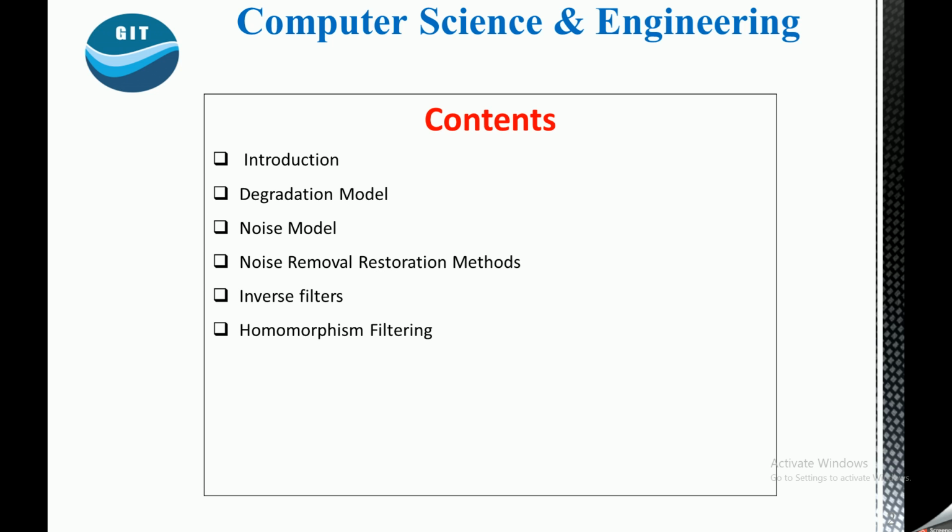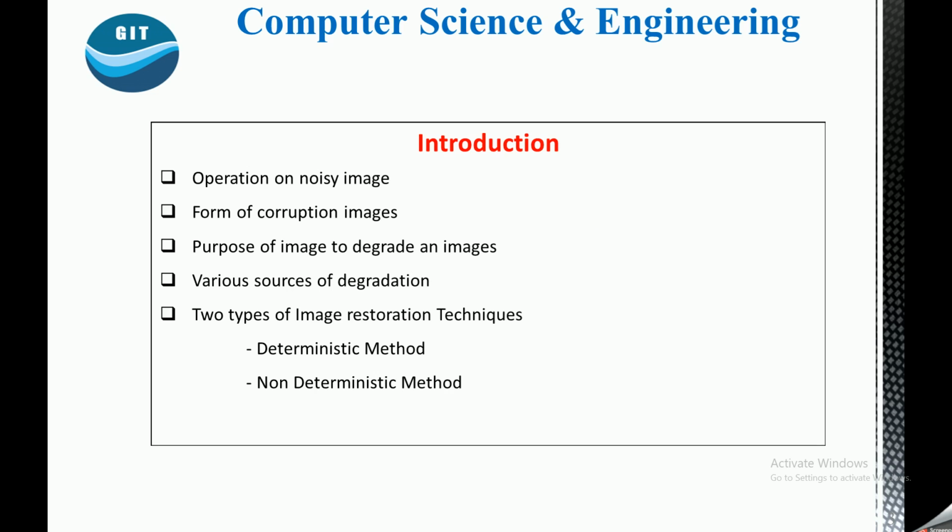So now we will come to the introduction. In image distortion methods, the operation of taking a corrupt or noisy image and estimating the clean, original image. The corrupted image may come in many forms such as motion blur, noise, blur, and camera misfocus, etc. The purpose of image distortion is to undo the defects which degrade an image.